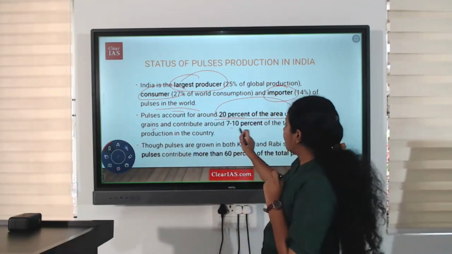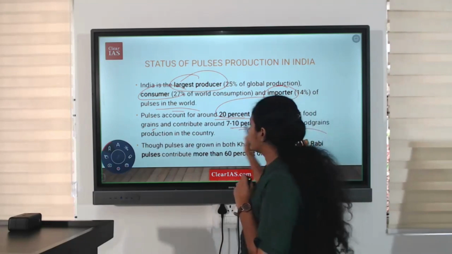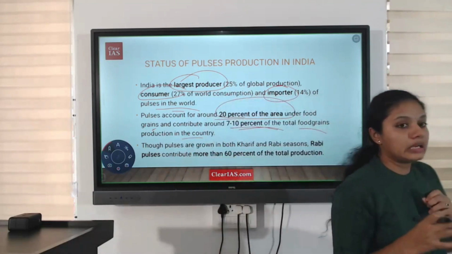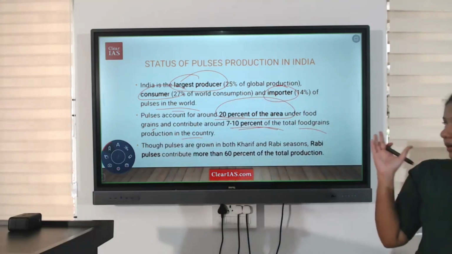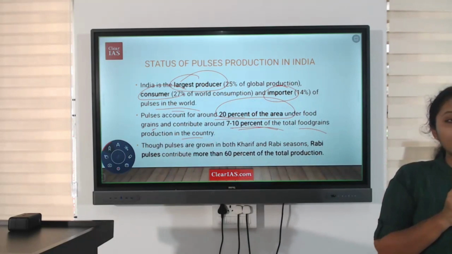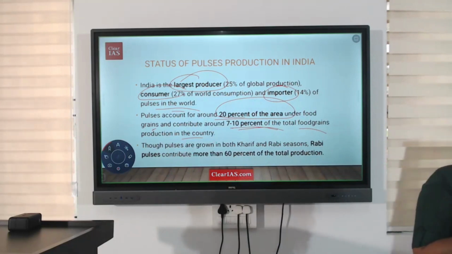Okay, only 7 to 10% of the total food grain production in the country is contributed by pulses. 20% of the area of food grains is pulses, but only 7 to 10% is contributed to the food grain production. Okay, so why? Because the major food grain considered is rice and wheat.